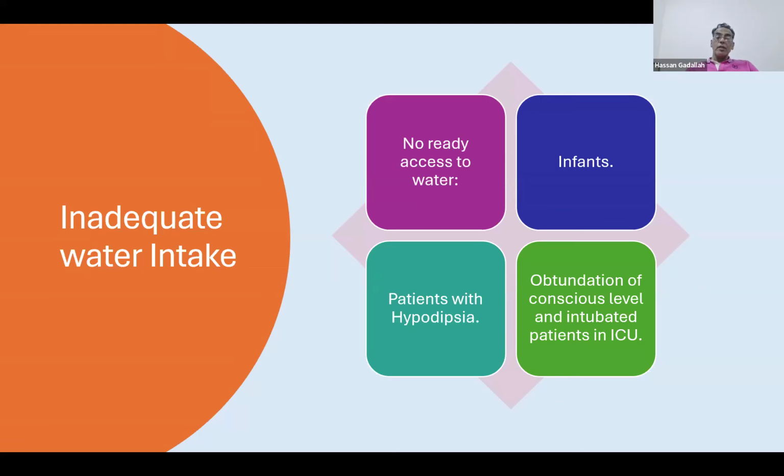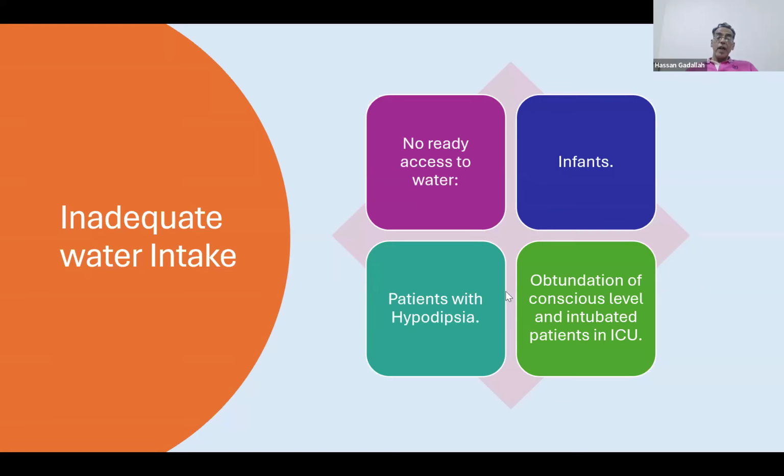The reason is this person or this patient doesn't have access to water. An example of this is infants. Infants, if they are thirsty, are not requesting water. If we don't take care about their drinking water or notice when they are thirsty to give them water, there will be a net water deficit and consequently hypernatremia.